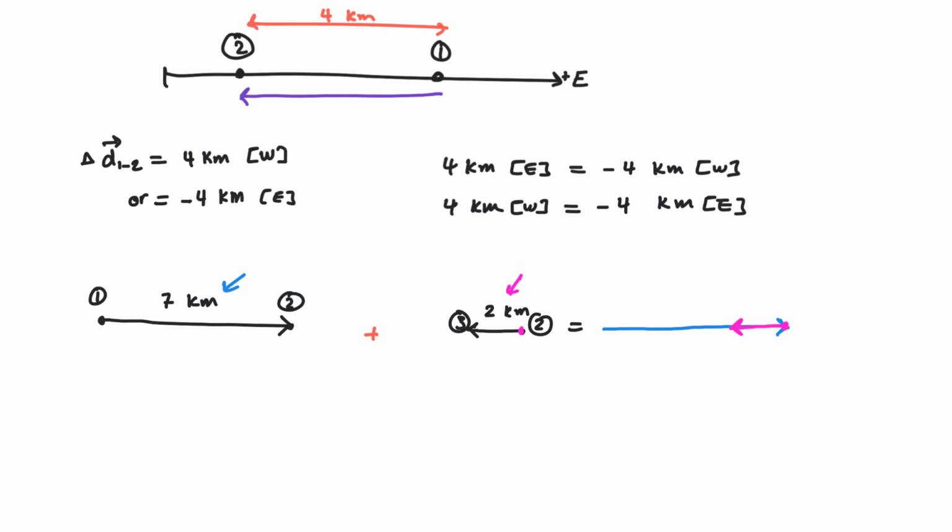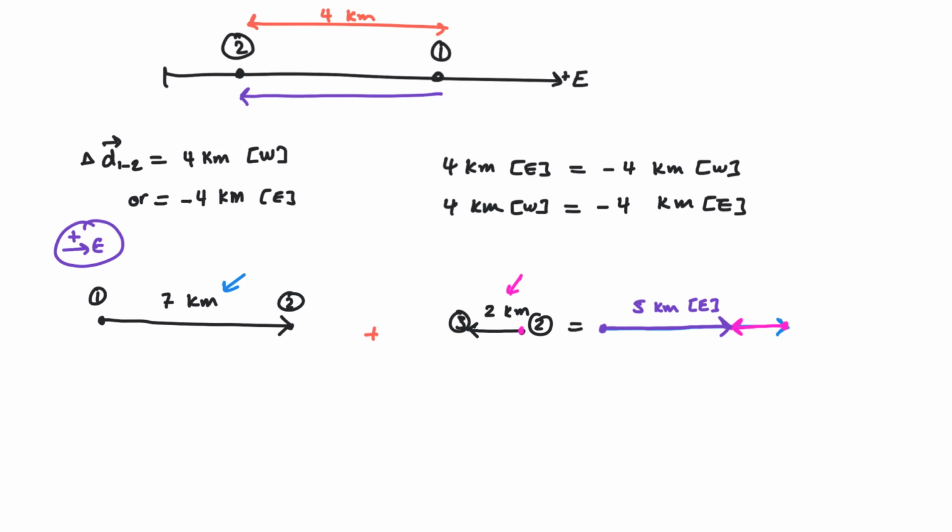The resultant vector, which I'm going to draw with purple, starts from the tail of the first vector and ends at the head of the last vector. If we add these numbers, 7 minus 2 is 5 kilometers in the east direction. We're still taking this side to be positive east.